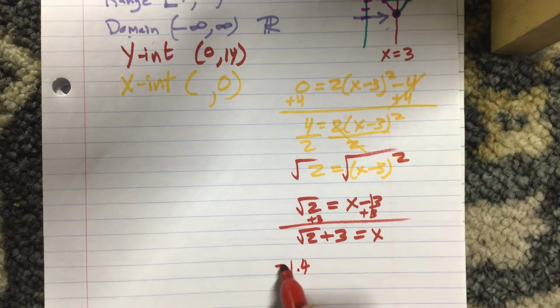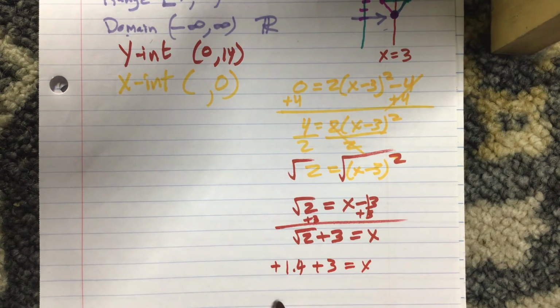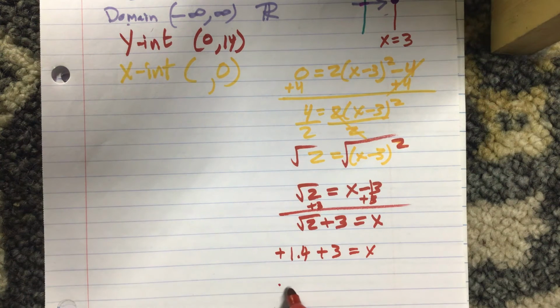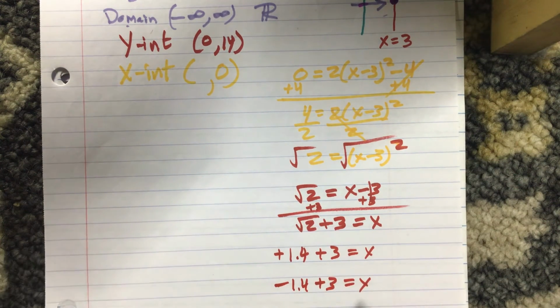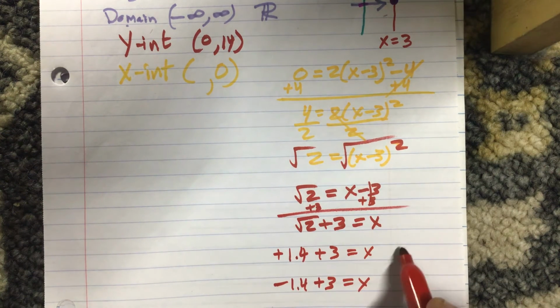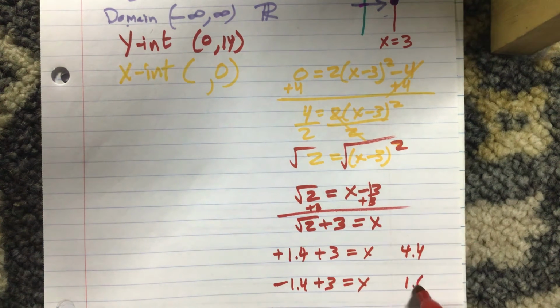So it's a positive 1.4 plus 3, and it's a negative 1.4 plus 3. So you end up with two answers. So 3, let's say it's 3 plus 1.4, that would be 4.4. And 3 minus 1.4 would be 1.6. And so there's your two answers.